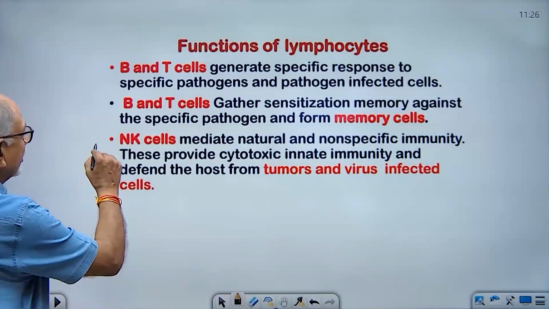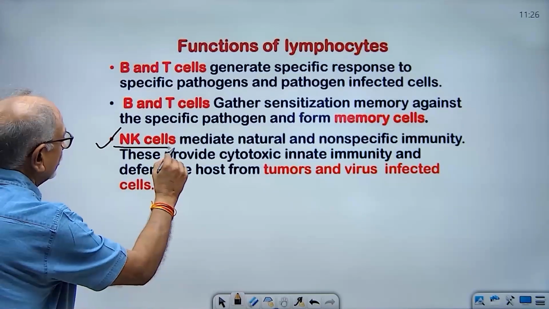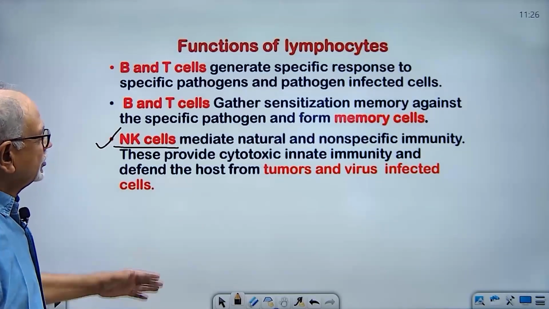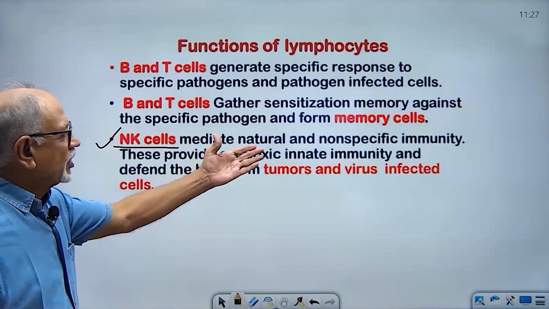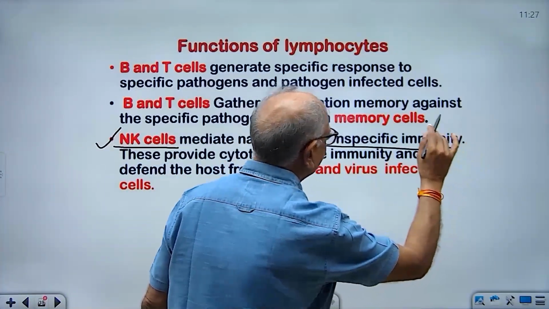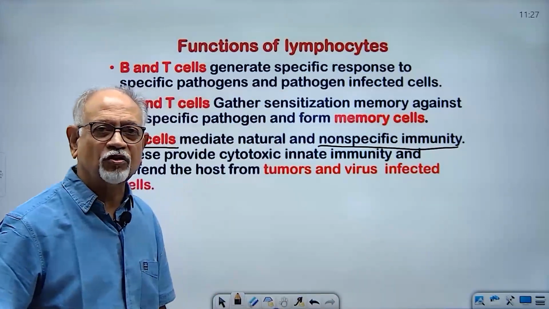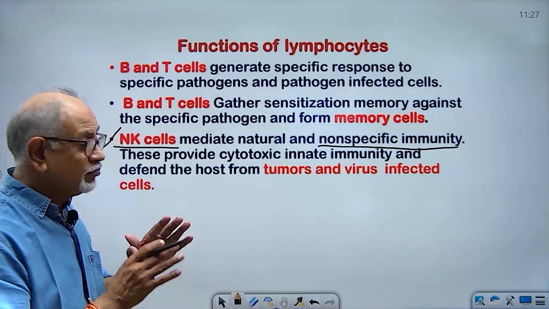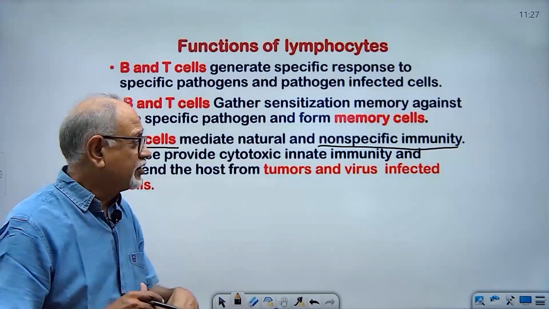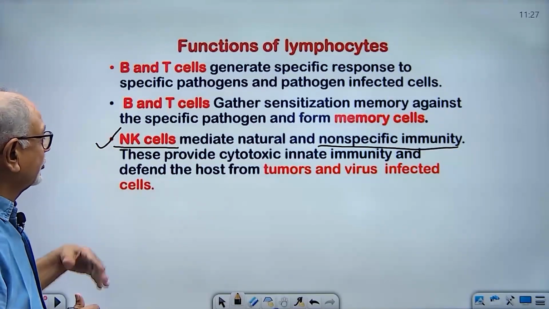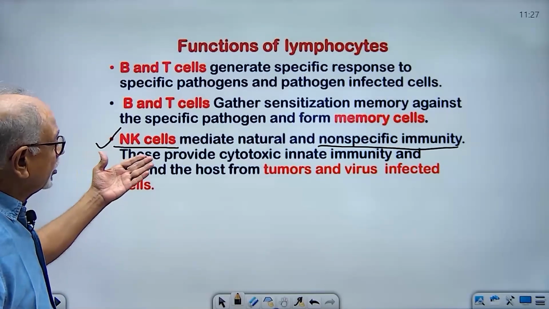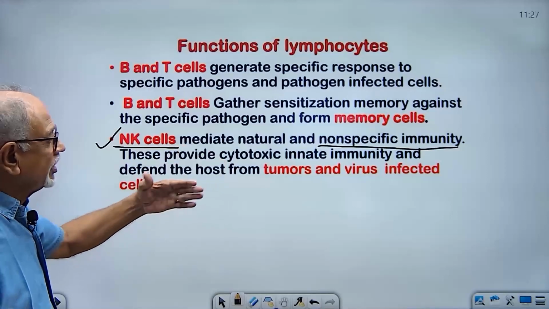Now, another category is natural killer cells. These are also lymphocytes. They mediate natural and non-specific immunity. As we have seen in the case of neutrophils and monocytes, they are important for providing non-specific immunity against the pathogen. Here NK cells, these are natural killer cells. They provide cytotoxic innate immunity.